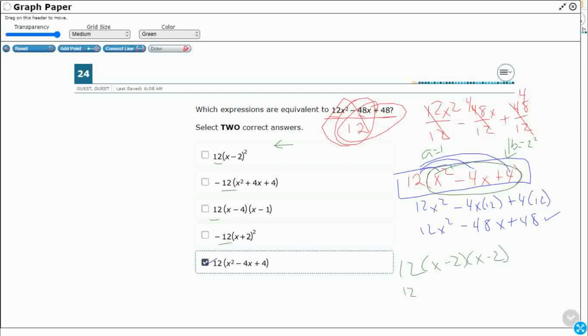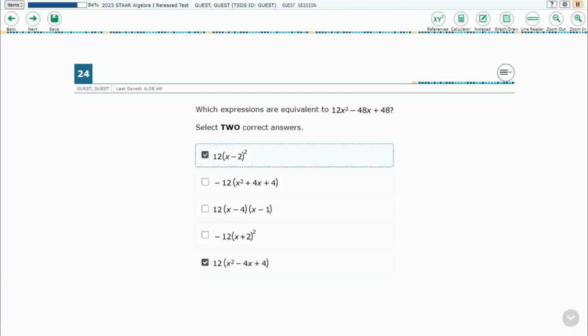Well, that's going to be 12, x squared minus 2x plus 4, which gets us x squared minus 4x plus 4, which is what we started with. So it's going to be this x minus 2, or we can simply combine them into x minus 2 squared. Answer is A and E.